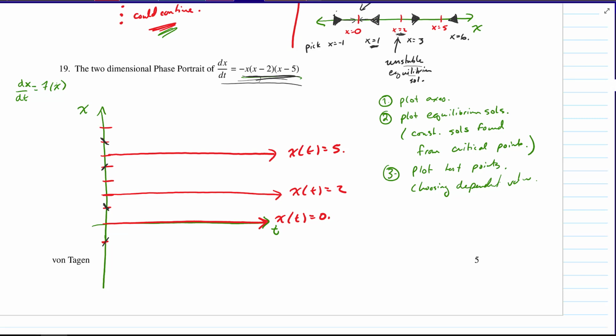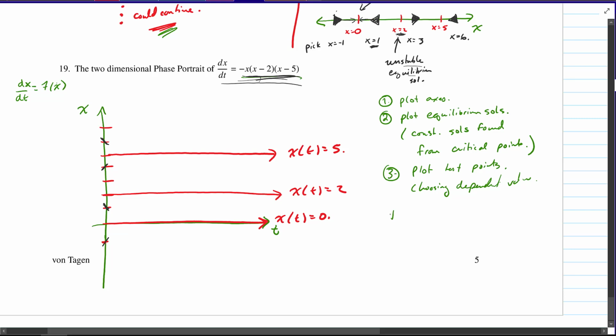So the next thing to do is complete the graph. Let me just say careful, because students sometimes don't do this correctly, but there's only one way to complete the graph. And by graph, what I mean is the sketch of solution curves.